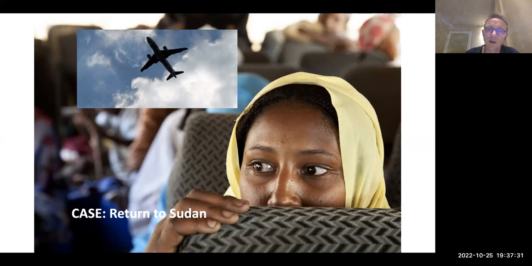I want to highlight this because, for example, Italy and Sudan have signed specific agreements to return irregular migrants to Sudan.